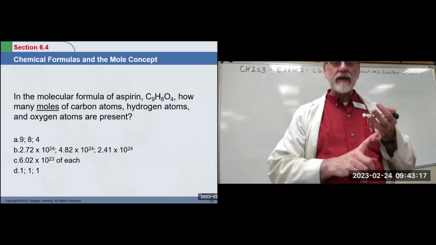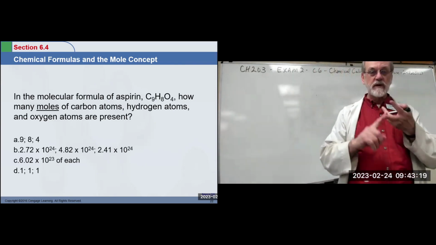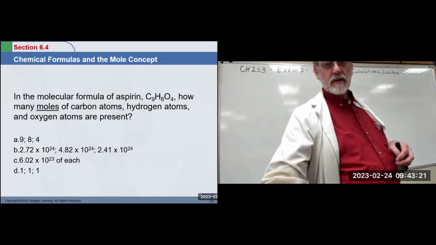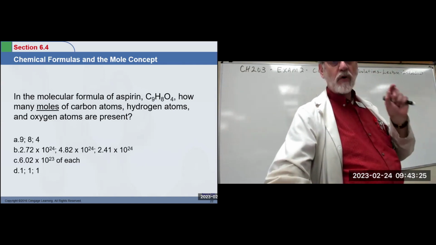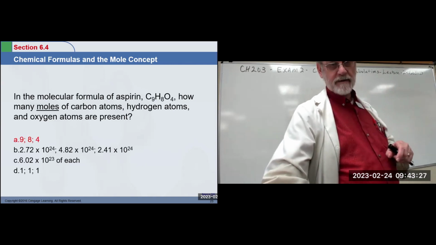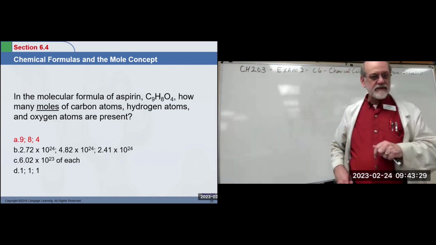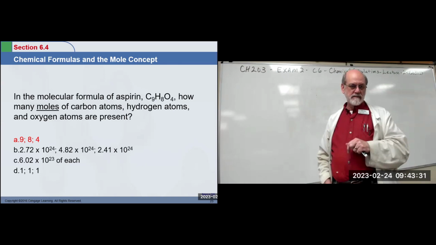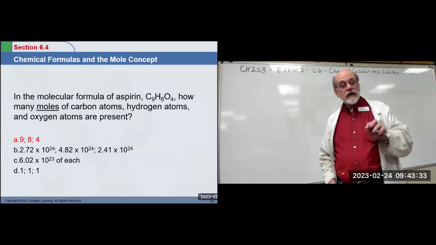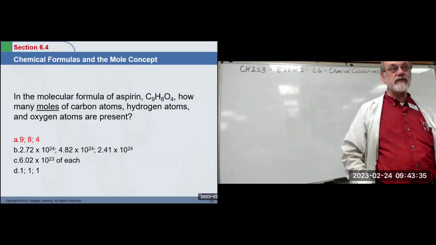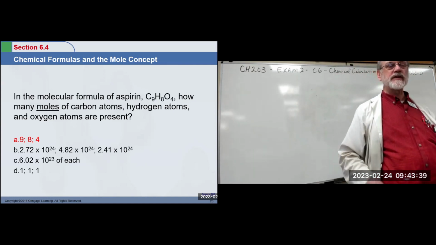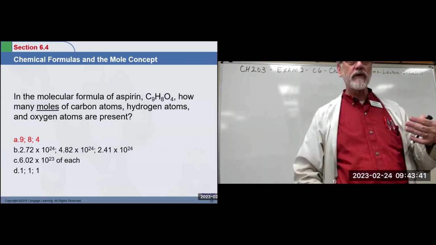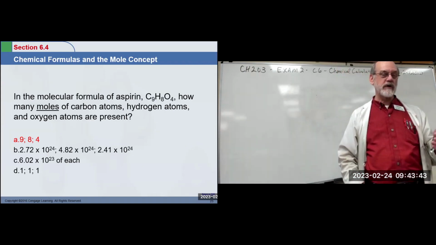Okay, so we have 9 moles of carbon, 8 moles of hydrogen, and 4 moles of oxygen. Right. You can calculate exactly how many atoms there are, but you need Avogadro's number. That's 6.022 times 10 to the 23rd.